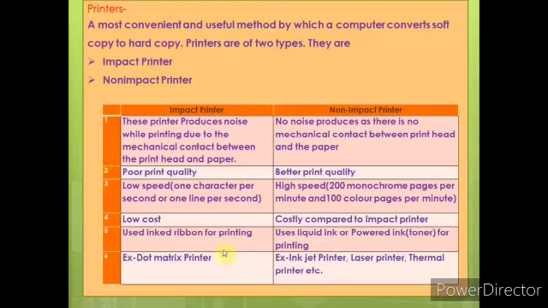These impact printers are not in use nowadays, and we are using non-impact printers like inkjet and laser printers. Inkjet printers use liquid ink and laser printers use powdered ink, and they are costly but high speed and give better print quality.